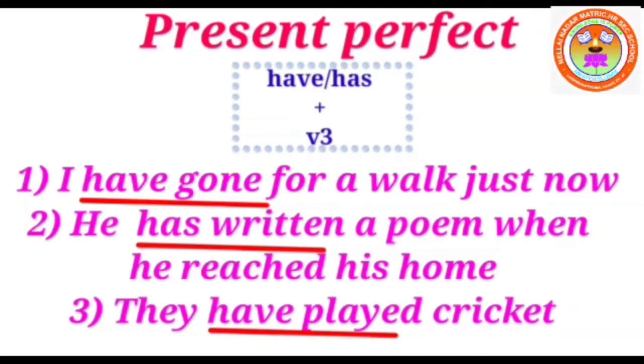Has present, written V3. So present perfect. Then they have played cricket. Here the verb is have played. Have present, played V3, I mean past participle. So present perfect tense.